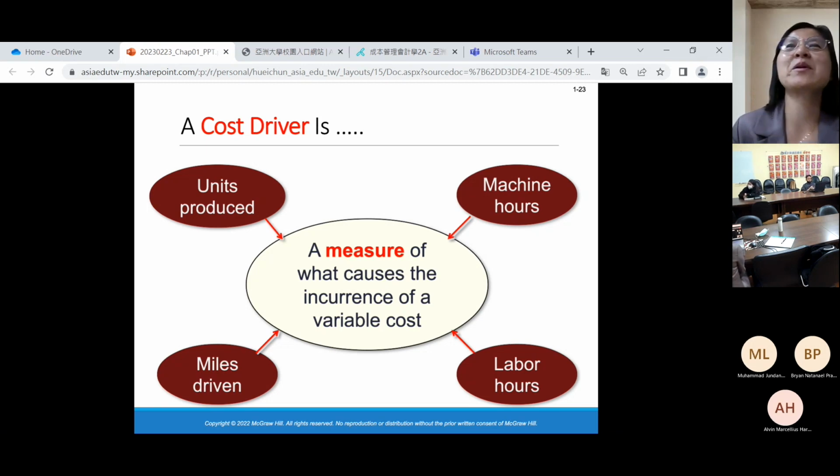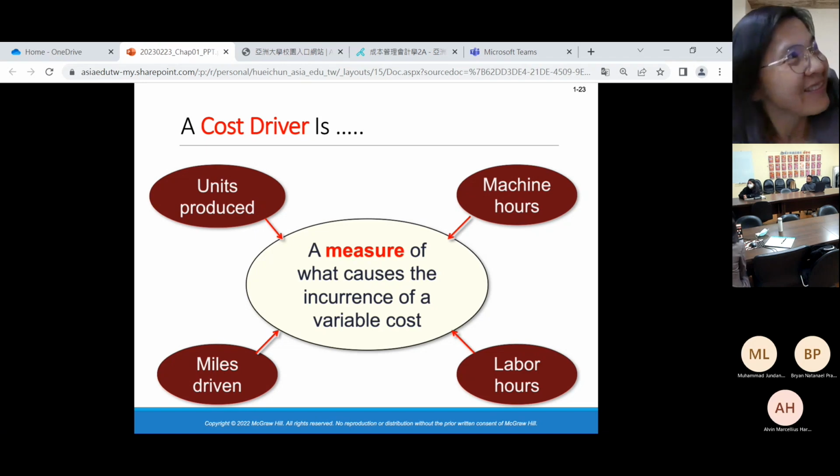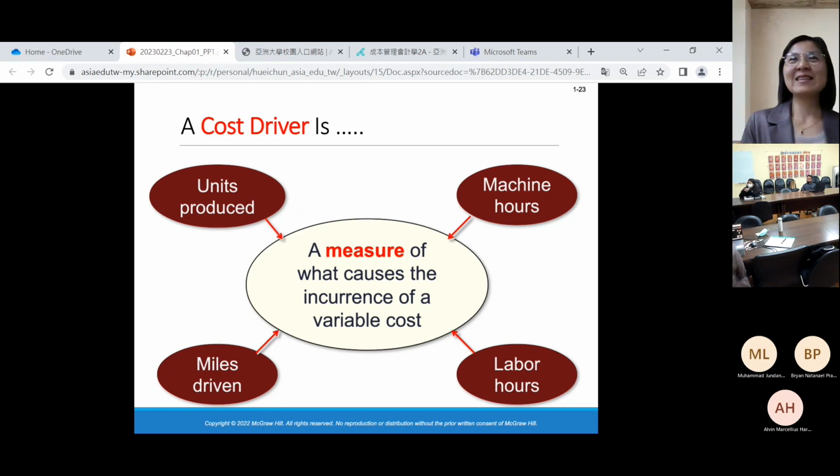So for direct labor, what is direct labor's cost driver? Labor hours. And what is direct materials? The cost driver for direct material is how many items you use. Good. So cost driver and cost behavior. She says cost driver, so you say cost behavior.